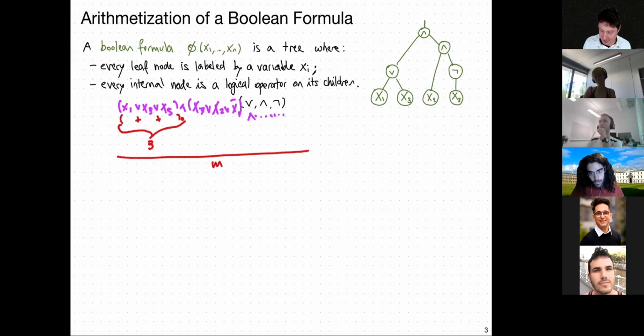I should have been more precise. Sorry about that. The variables can appear multiple times in the leaves, okay? So, for example, here you see that x3 appears twice. That is fine, right? And this is analogous to what happens, for example, here, x3 can appear in two places, right? So the whole point of the difference between a Boolean formula and a Boolean circuit is that in a Boolean circuit, you can reuse the subcomputations, but in a Boolean formula, you can't, okay?